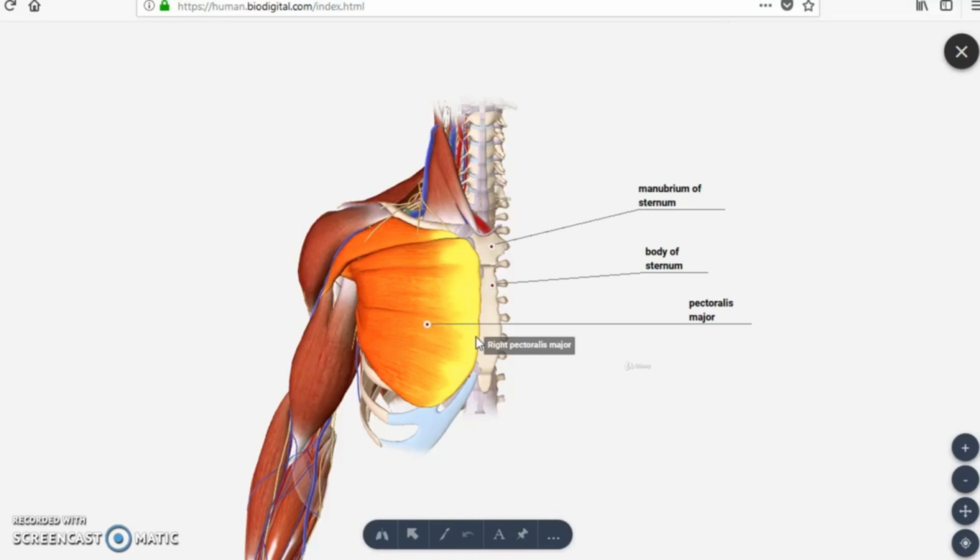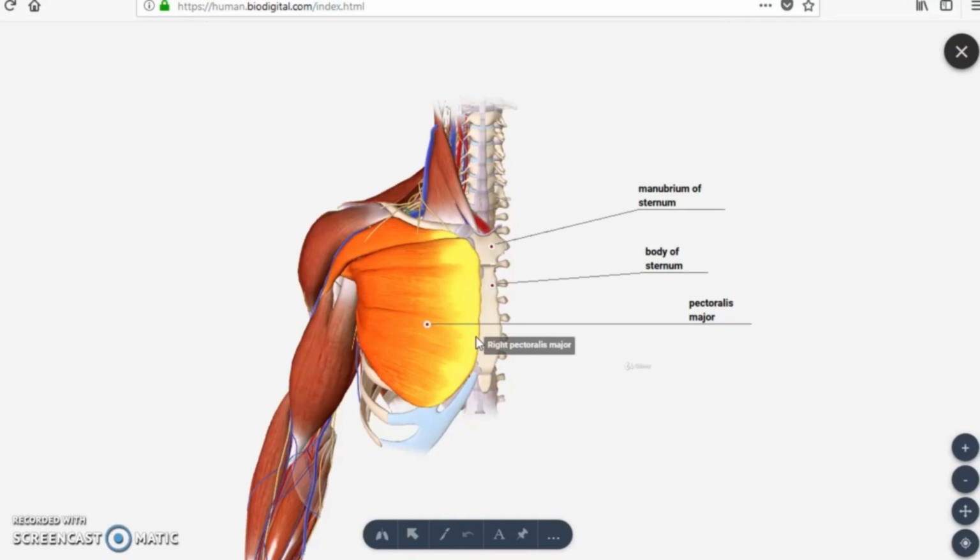Before going into the details of these muscles, I will tell you some important points about the superficial fascia and the deep fascia present in this region. The superficial fascia of the pectoral region is fibrofatty in nature, and it encloses the important gland we already dealt with, the mammary gland. There is a special type of muscle present in the upper part of the superficial fascia, which we call the platysma muscle, seen near the upper part of this pectoral region.